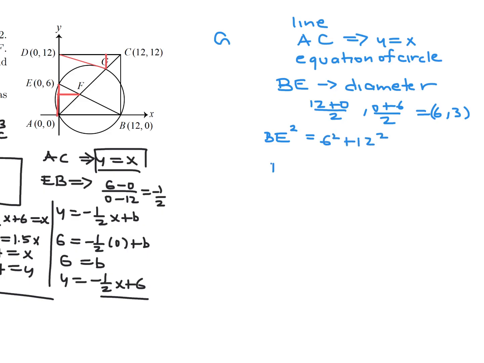And then therefore we will calculate BE squared would be 180. So BE would be root 180. And then the radius would be half of that. Root 180 is what? 6 root 5. So then the radius would be 3 root 5. Okay.